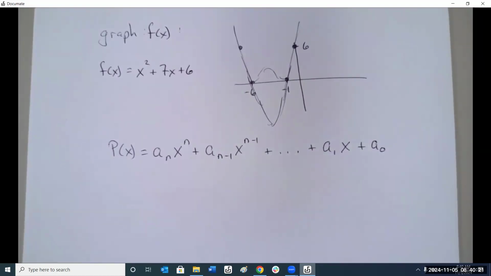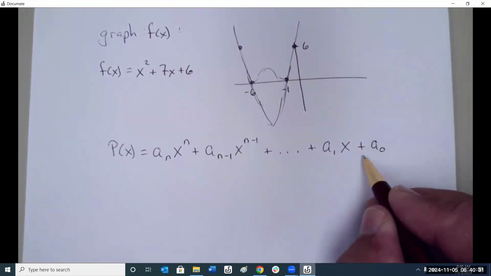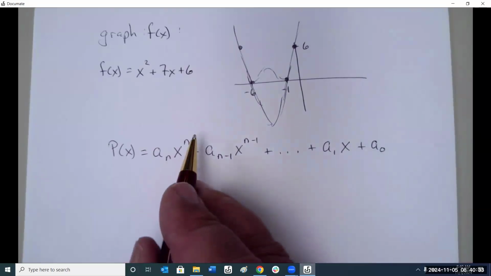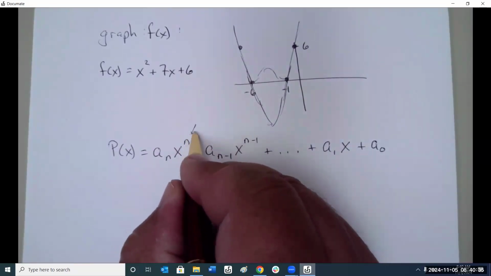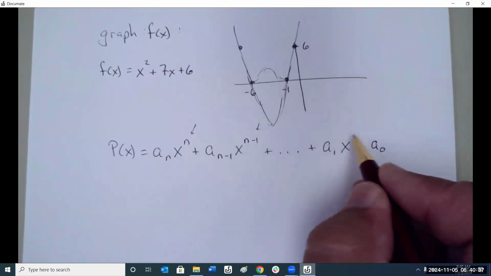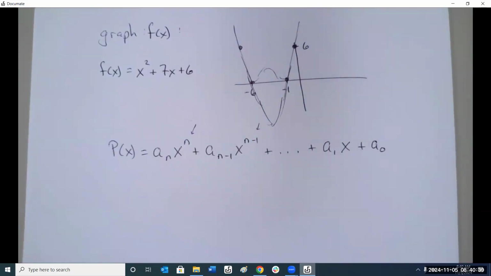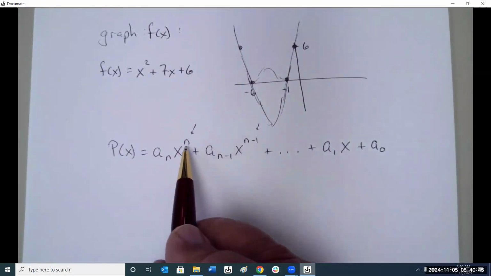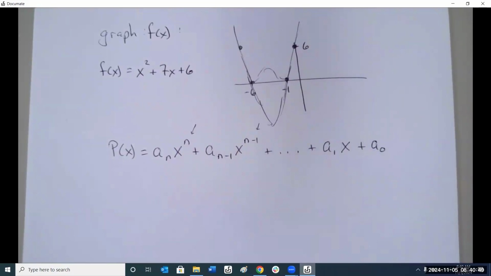And believe it or not, you have it in your head already how to solve these. We just have to pull it out. You notice how it's always in decreasing order from the exponents. That's the first thing you have to make sure of. Whenever you get an equation, always make sure that the largest exponent is first and working its way down.